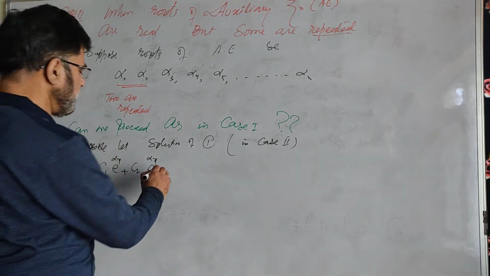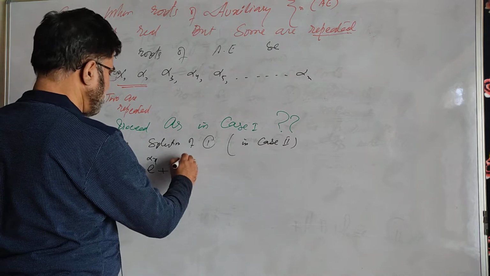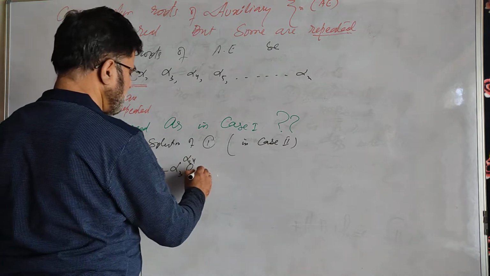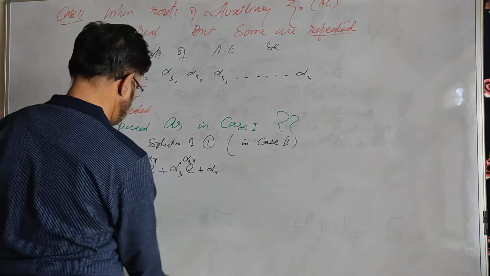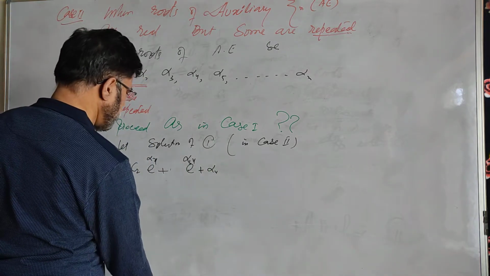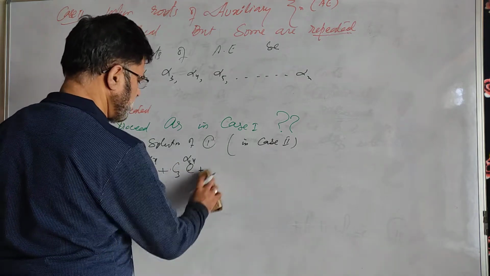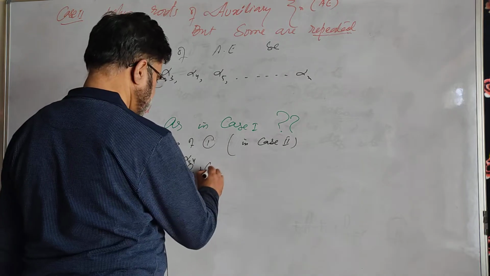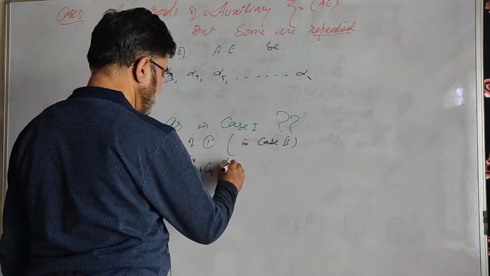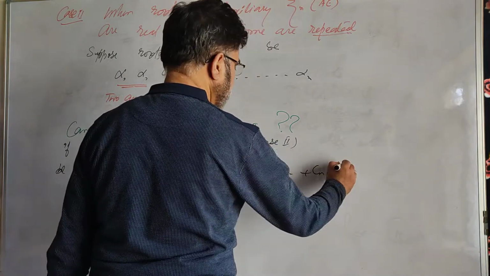Then you will write c3 e raised to the power alpha 3x plus c4 e raised to the power alpha 4x, and so on up to cn e raised to the power alpha n x.